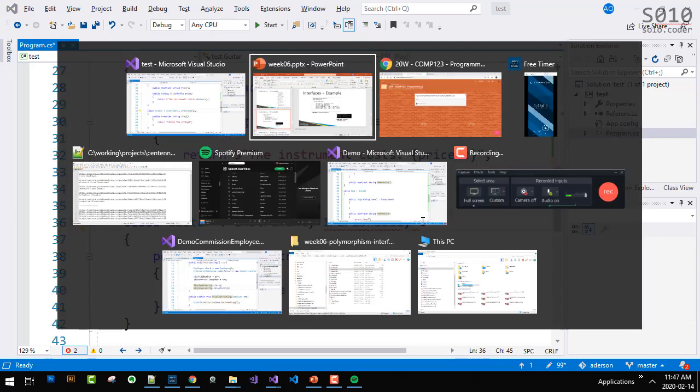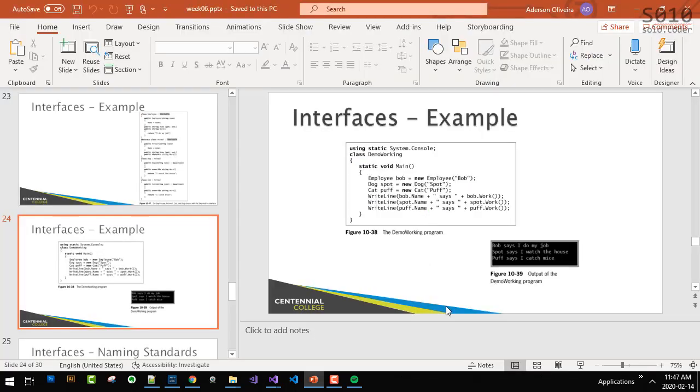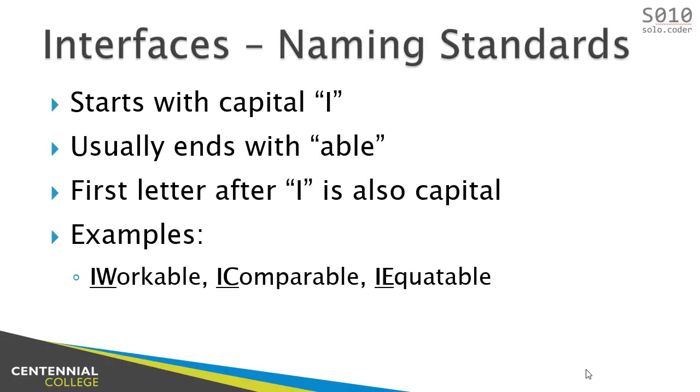Now, I just want to mention terminology. This is important. To name interfaces, we have to start with a capital I. The second word starts with a capital letter, and then usually it ends with able.